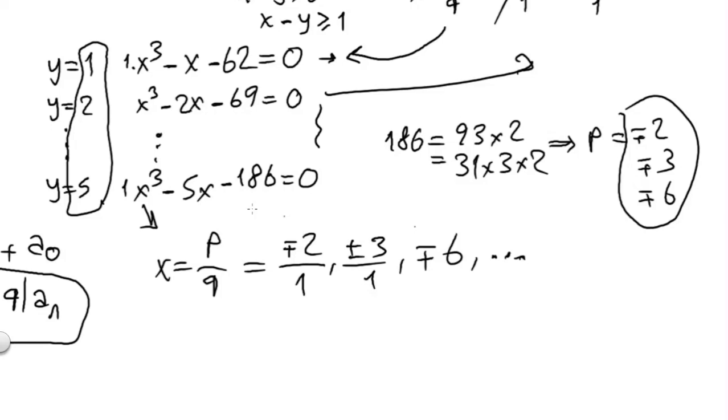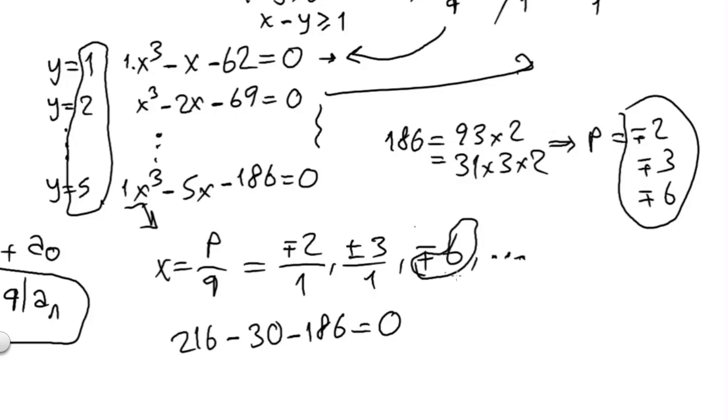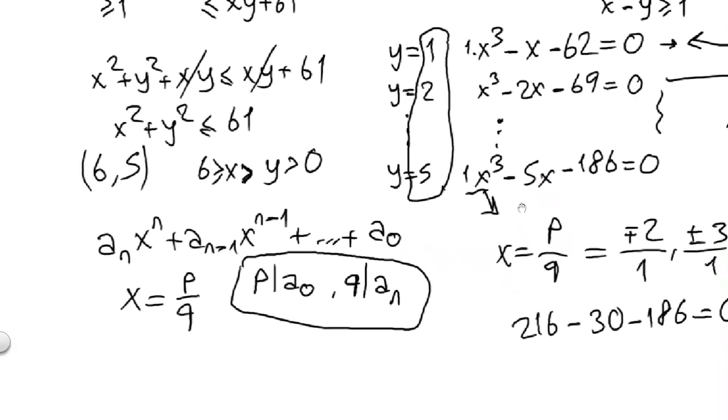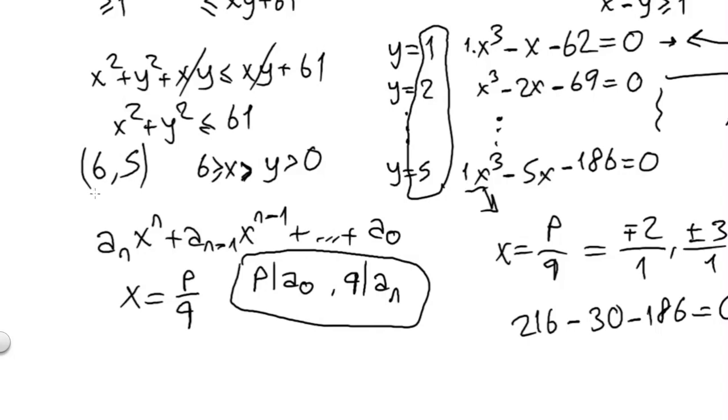If I try -6, it could actually work. If I put -6, oh no, this thing just gets really low. But if I put 6, I will get 216 minus 30 minus 186, which is equal to 0. So x equal to 6 is actually a solution. And we also knew that 6 is the biggest number we could get.